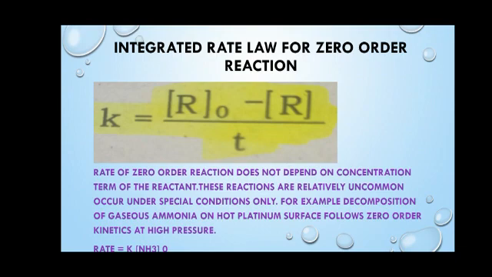Rate can be written as rate is equal to k [NH3] to the power 0. So it is very clear that the rate of reaction is independent of the concentration of the reactant. Okay.